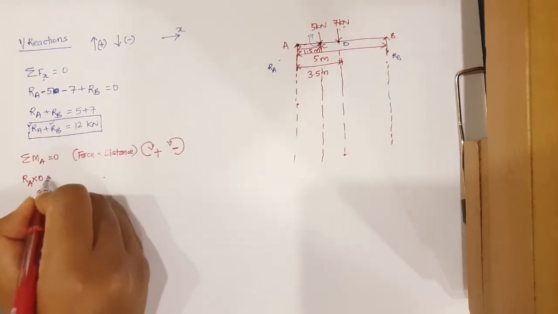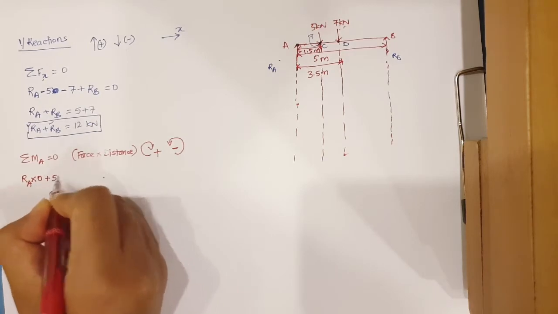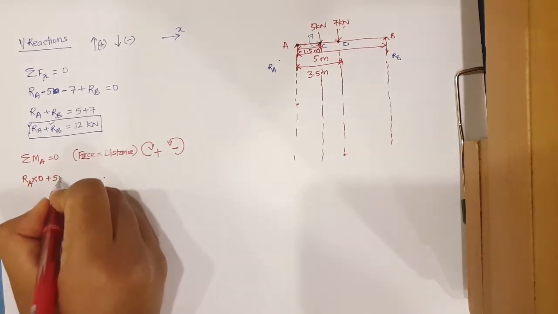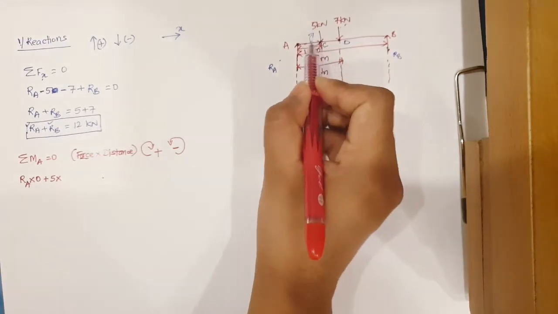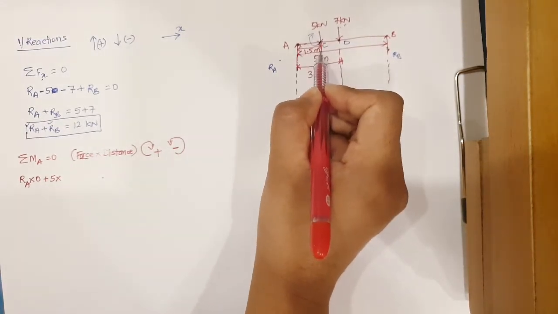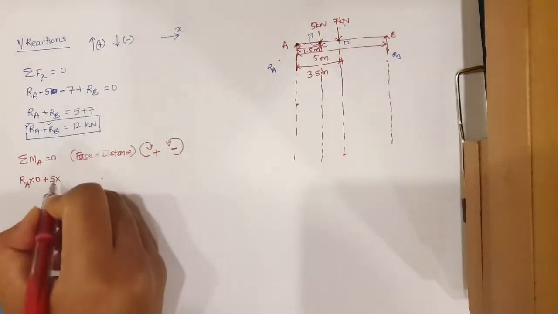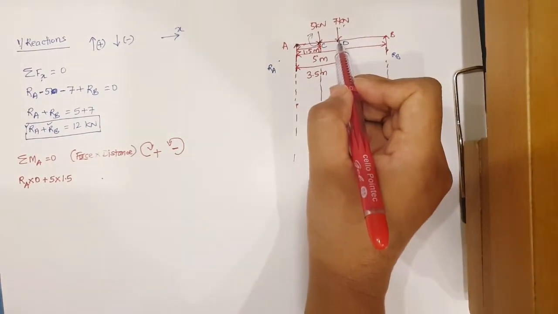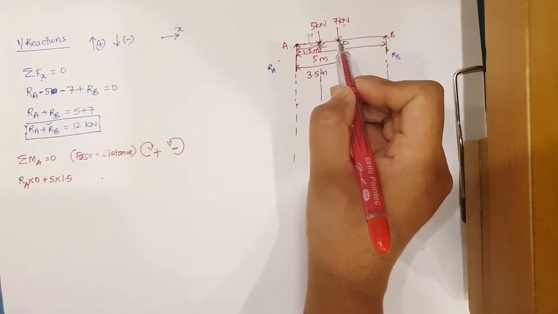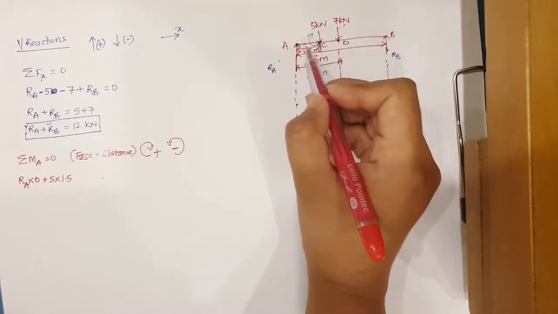तो in clockwise, if it is clockwise direction, it is plus. So I have plus force is 5 into, now what is the distance from C to A? यहाँ से यहाँ तक जाने के लिए कितना डिस्टेंस है? 1.5 डिस्टेंस पे है. So into 1.5. Again similarly 7 kilonewton load. Next we have 7 kilonewton. 7 kilonewton भी towards A कैसे जाएंगे?